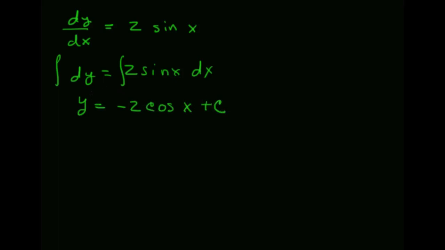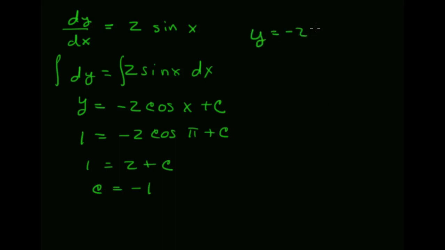We have an initial value of (pi, 1), so 1 is equal to -2 cosine of pi plus c. The cosine of pi is -1, so 1 is equal to 2 plus c, which means c is -1. So we should get y is equal to -2 cosine x minus 1. All right, there you go. That should be letter D in that problem.